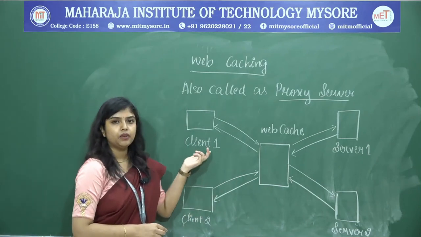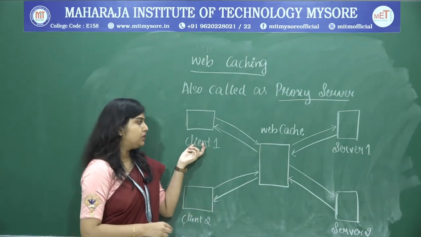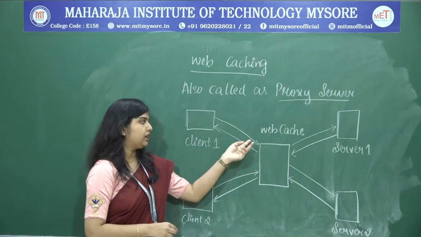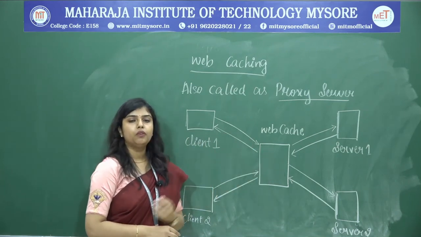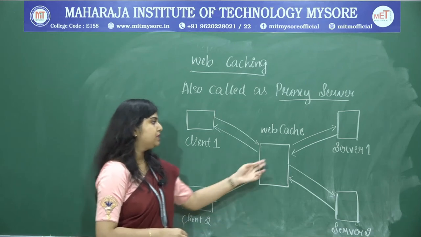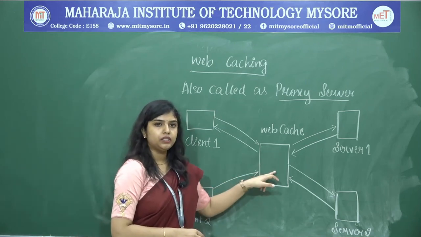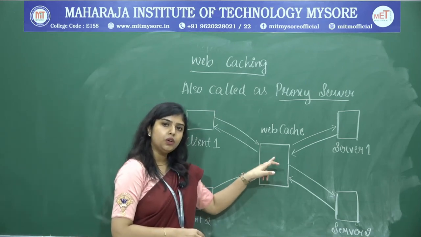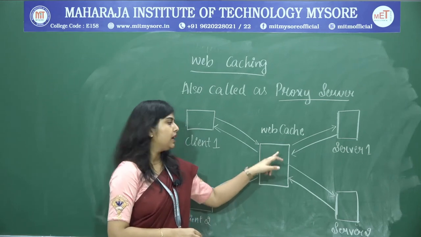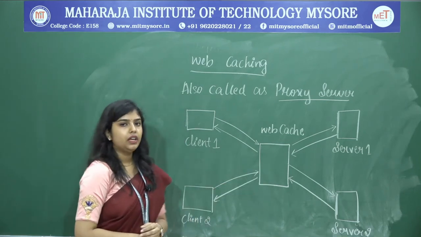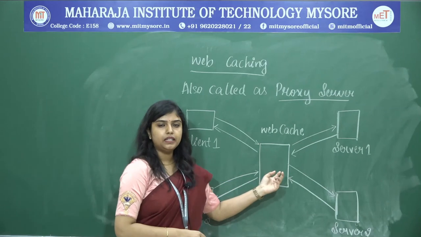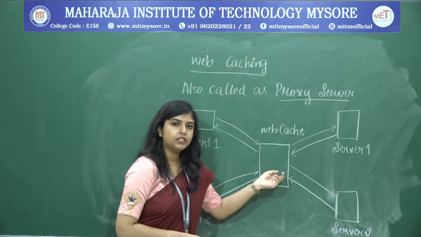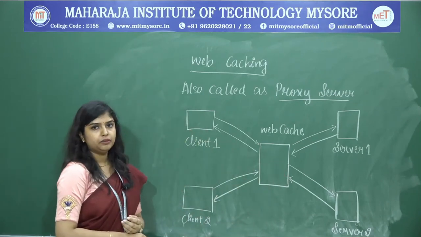Now the client has requested the object, and that request message will be sent to the web cache. The web cache will search for it in its storage, because the web cache also owns a disk storage. If the object the client is asking for is present, it will respond back to the client.